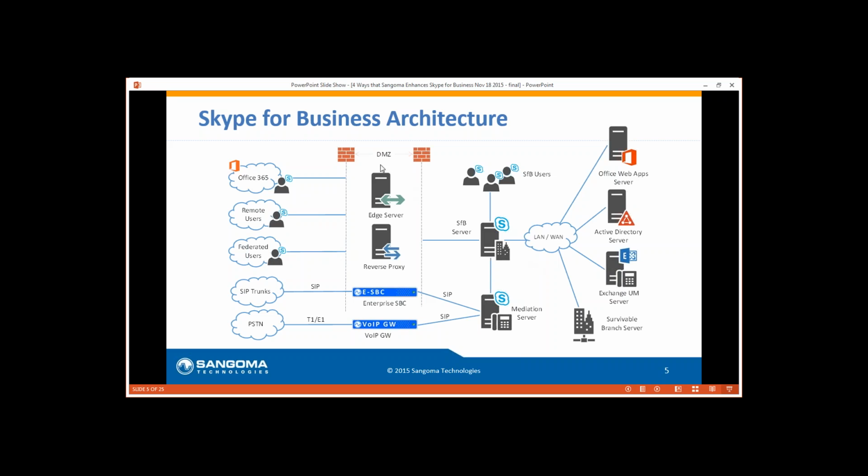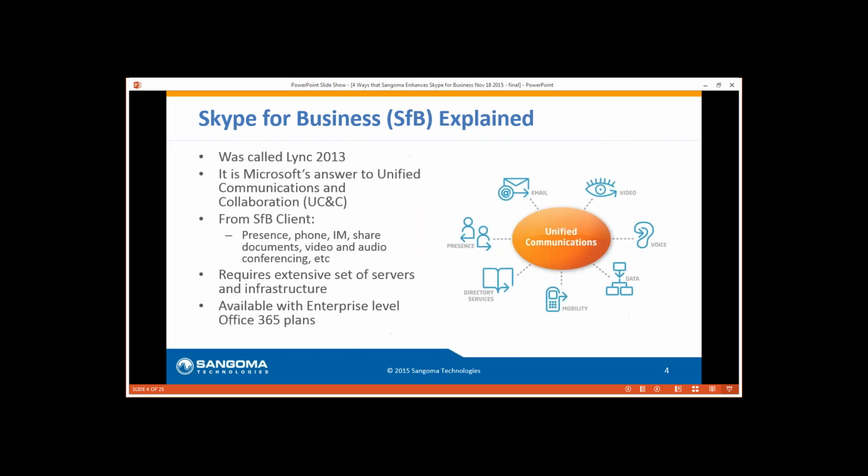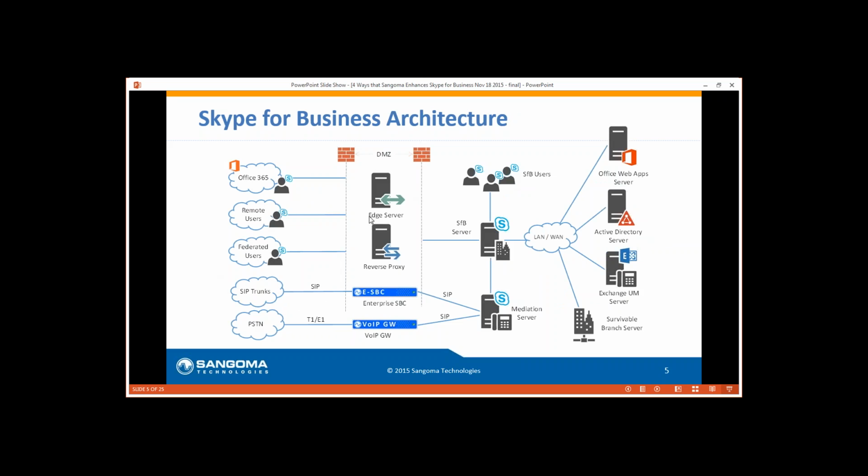If you move your way to the DMZ area, there are some of the roles you need for interconnecting your infrastructure to the outside world, whether you are federating with the Office 365 cloud, or with traveling or remote users, or even federating with other companies. So you need things like Edge Server and reverse proxy. If you move your way down from Skype for Business Server, there's something here labeled Mediation Server.